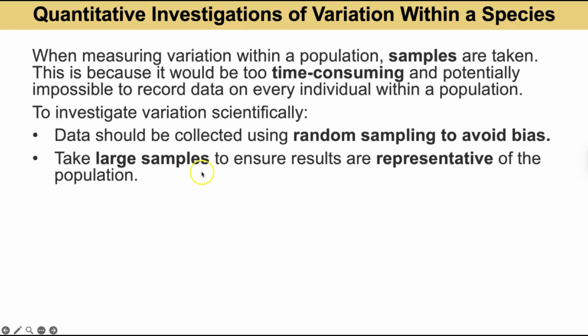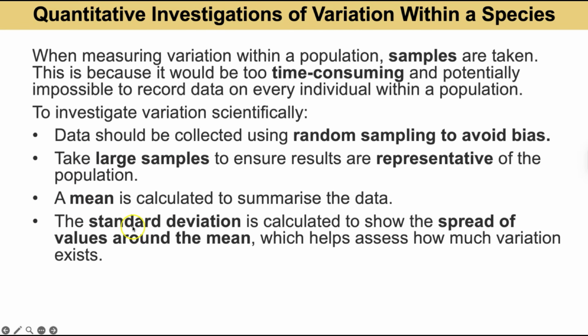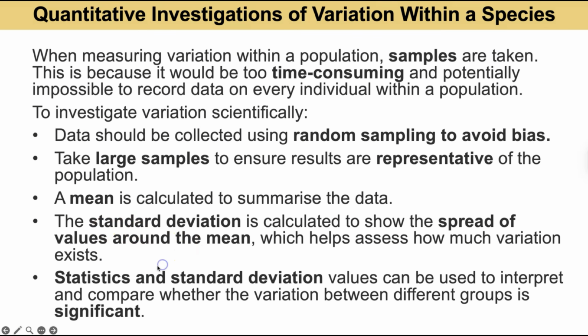You must take large samples to ensure the results are representative, and then calculate a mean to summarise the data. You can then also go on to do standard deviation and even statistics. That is going to be the most useful because if you do a statistic, you can see if you have a significant correlation or a significant difference depending on what sort of pattern it was you were looking for.